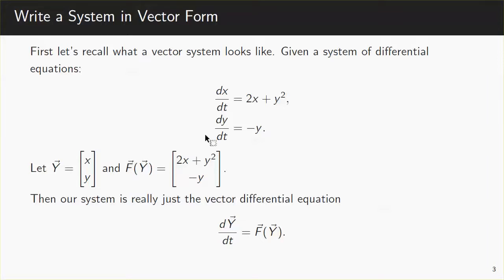So you can write this system of differential equations as a vector differential equation. The change in state is given by some vector field based on the current state. It will be helpful to think of it this way when we want to think about it geometrically when we're looking at answers.